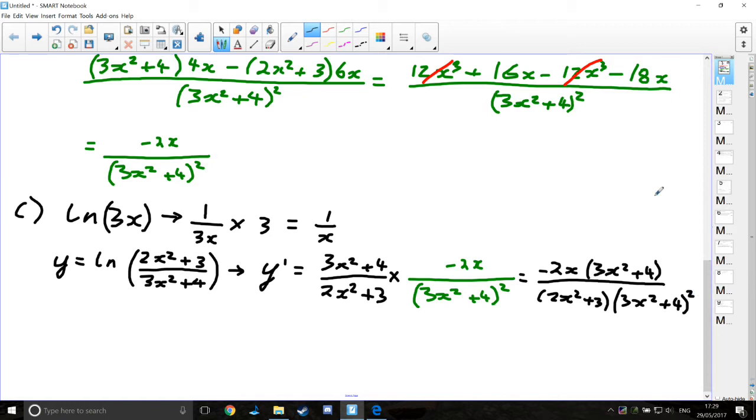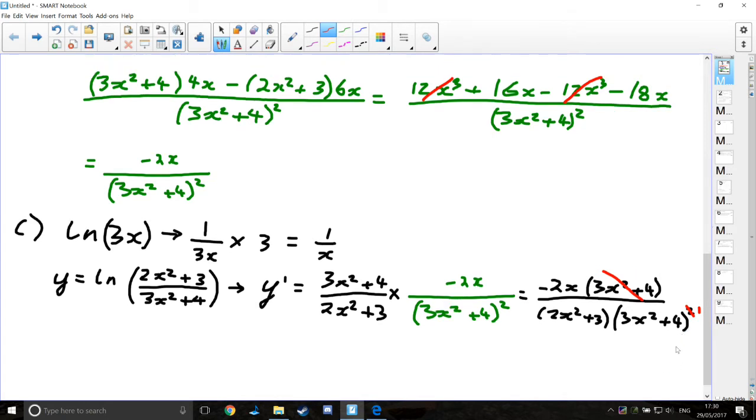I'll need to check the mark scheme in just a few moments to see if that would give you the full marks for it. But what you can notice at this point is that you've got 3x squared plus 4 on the top. You also have (3x squared plus 4) all squared on the bottom. So you can just cancel that a little bit. It's not going to cancel fully because this numerator part isn't squared, but we can get rid of that. And that becomes to the power of 1 instead. So we just have minus 2x all over (2x squared plus 3)(3x squared plus 4). And that's the first question.